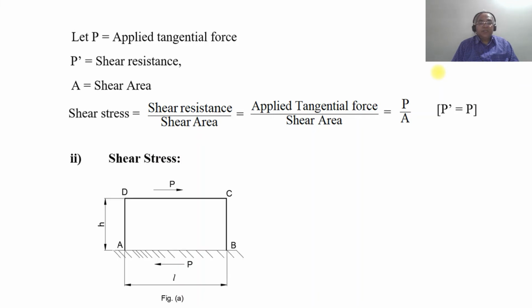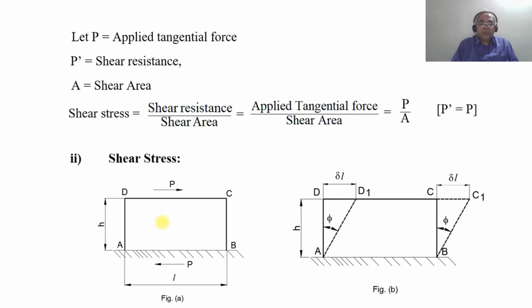So when you are considering the shear strain here, again we are considering the rectangular bar ABCD, wherein the top surface is applied with the shear force P, and the bottom surface will have an equal force in magnitude but in the opposite direction to keep the body in equilibrium, wherein AB is the length L, and AD is the height.